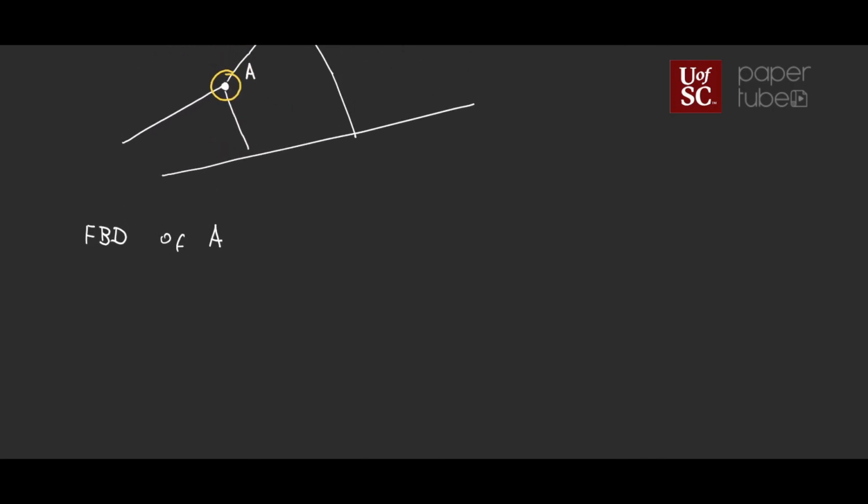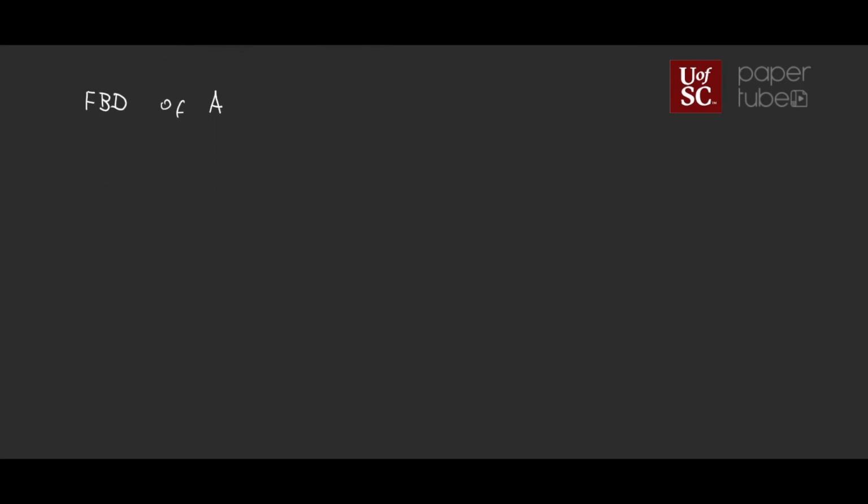All right, so let's follow the steps. The first step is to only draw the particle. So I'm going to do my particle over here. Now the next thing is to draw the forces acting on that particle. So I'm going to use, let's try green and see how that looks.